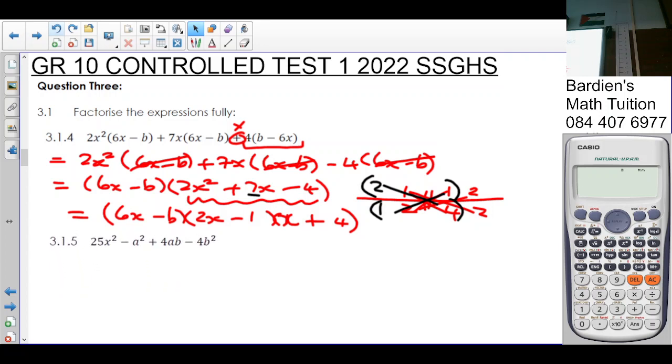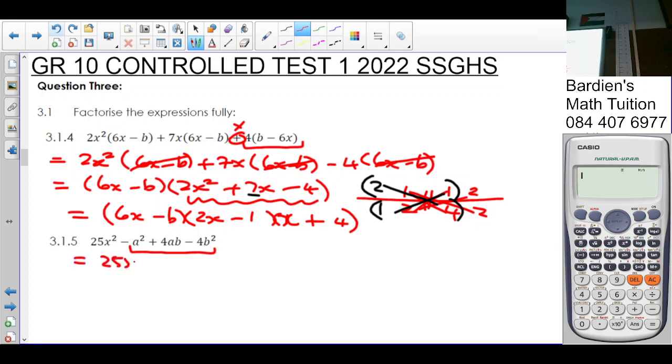3.1.5. We have 25x squared minus a squared plus 4ab minus 4b squared. What you should note here is there is a perfect square trinomial. So what we do is we need to take out the negative as a common factor first.